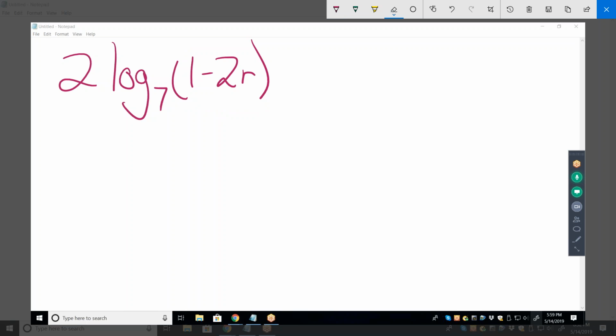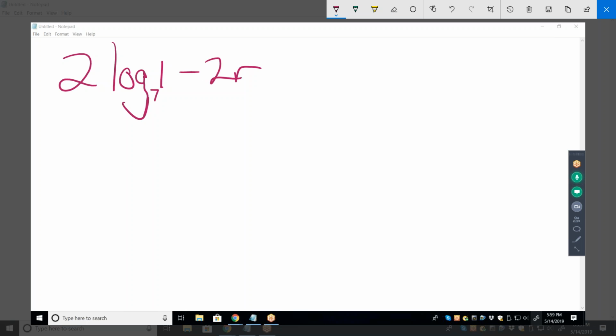So it's really 2 log base 7 of 1 minus 2r. I wasn't even close, was I?